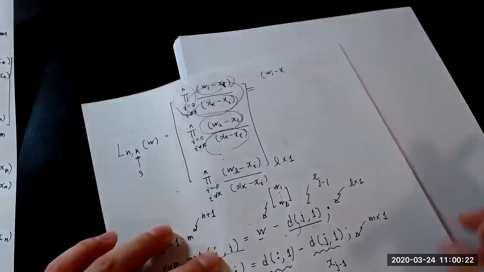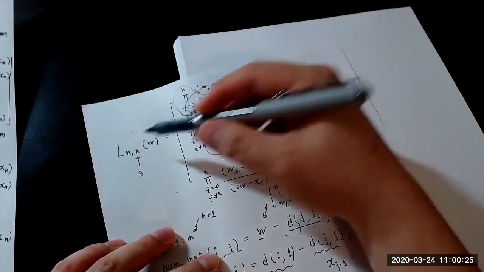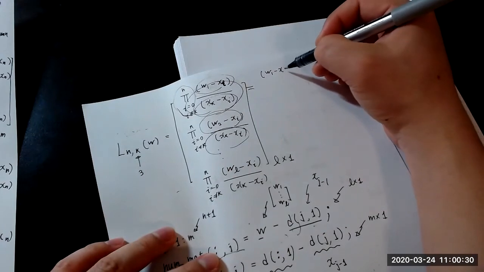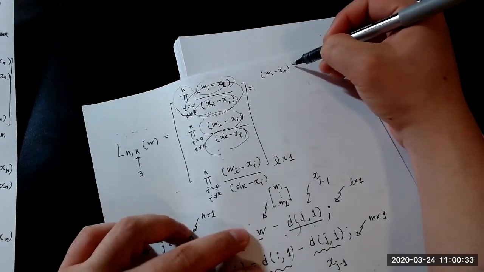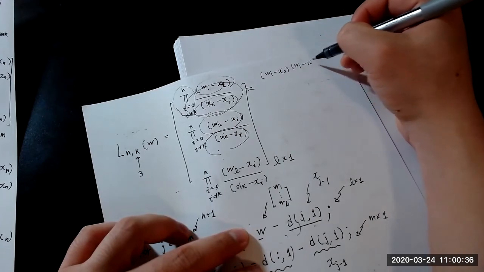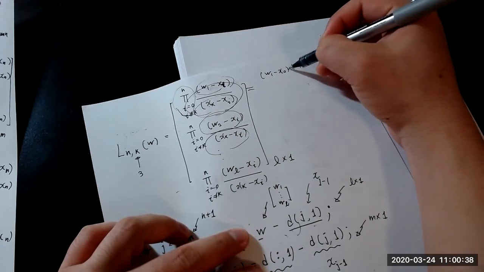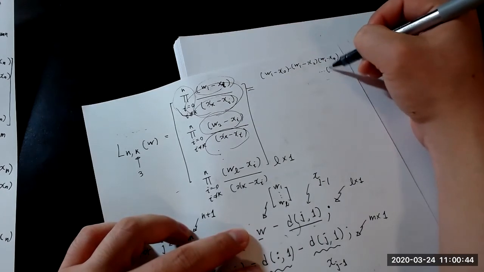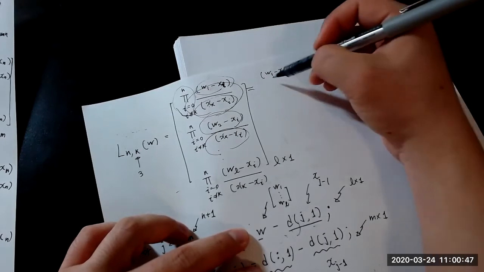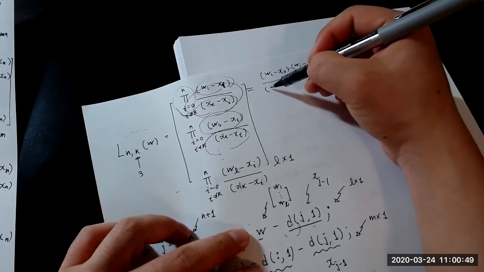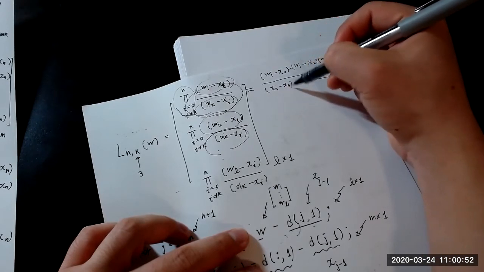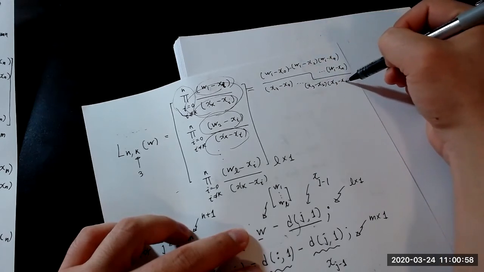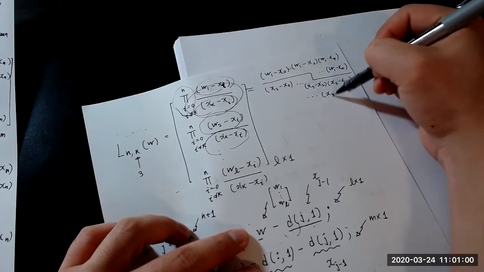Okay. Then the first entry of Ln comma 3 is gonna be W1 minus X0, and then W1 minus X1 through X2, and then W1 minus X4 through W1 minus Xn. You see that? That's the numerator, and the denominator is going to be what? X3 minus X0 through X3 minus X2 times X3 minus X4 through X3 minus Xn.